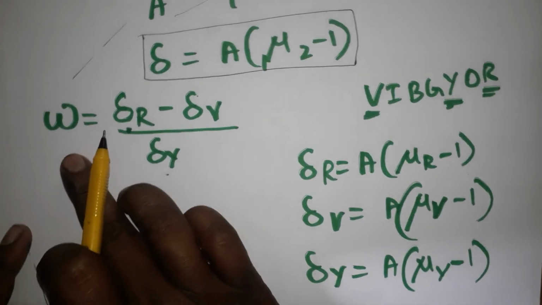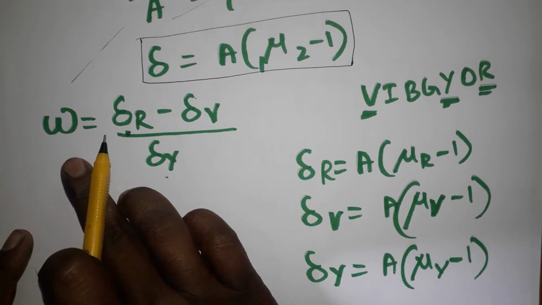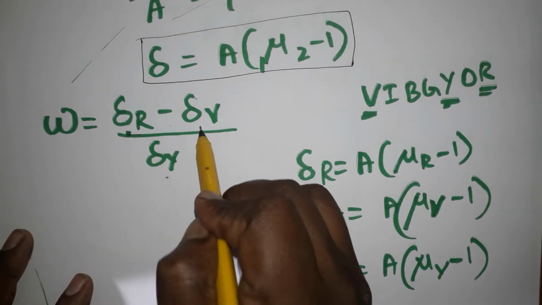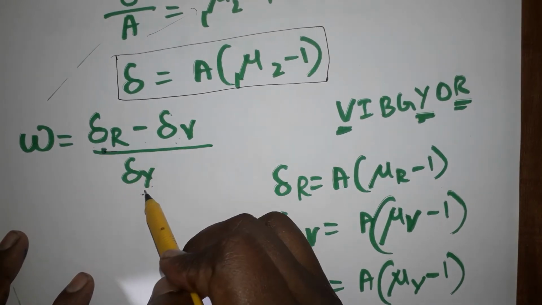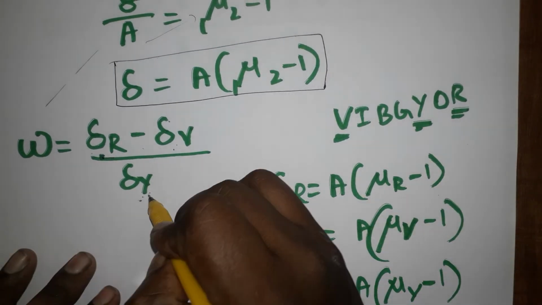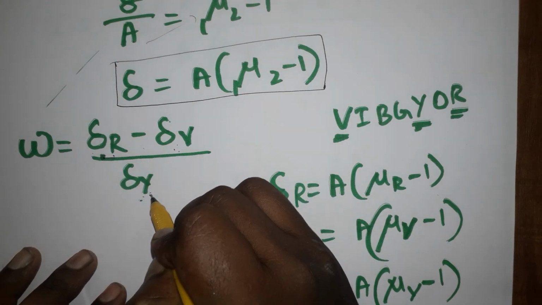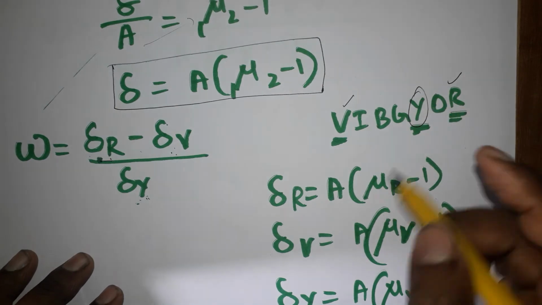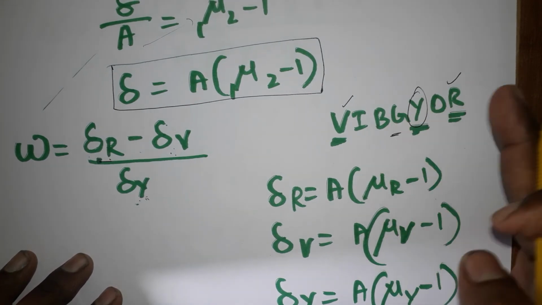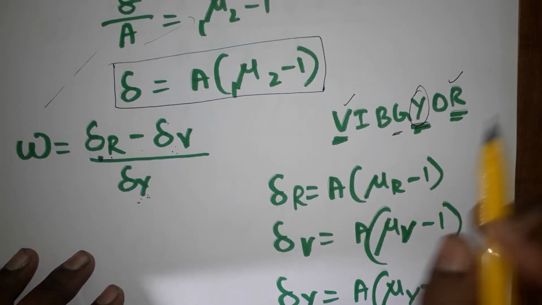The next one, dispersive power. Dispersive power is equal to deviation of red minus deviation of violet, divided by deviation of yellow. Why red minus violet divided by yellow? Because there is the minimum color, the maximum color and the center color. According to wavelength, yellow will be the center, so only yellow you should take.